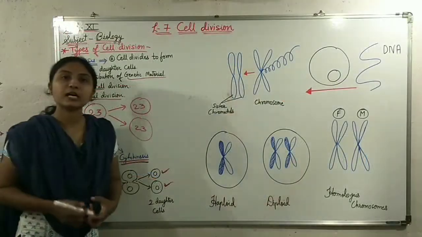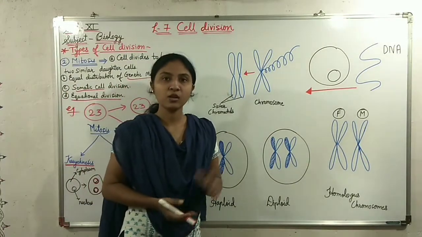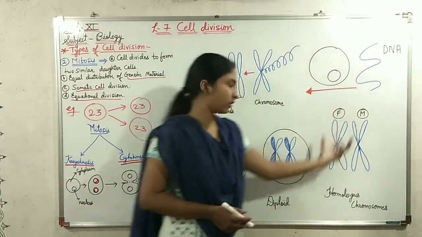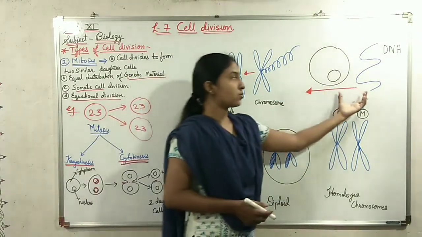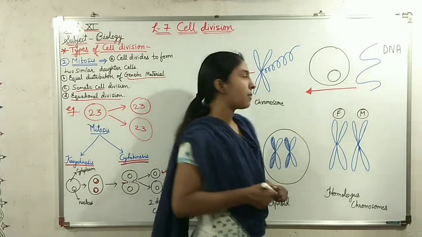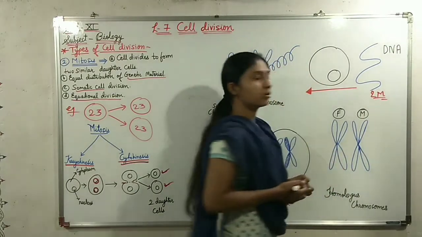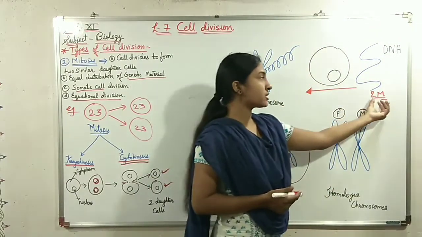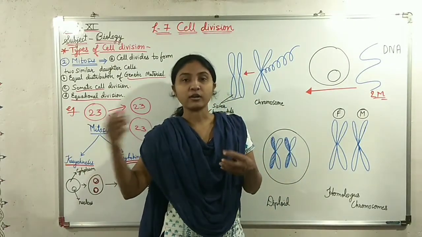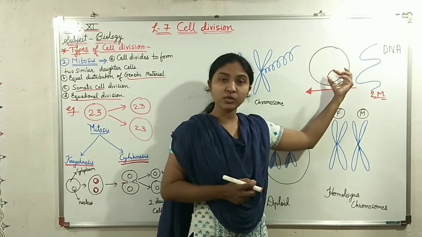Now let us understand some terms which will be helpful for us in this chapter further. As you can see in this diagram, this is a strand of DNA. It is about 2 meters in length. Now, if the DNA is this long, how is it able to fit in this small nucleus?